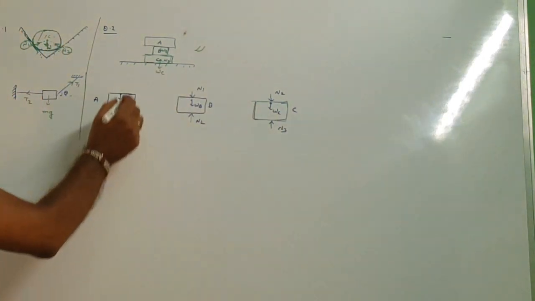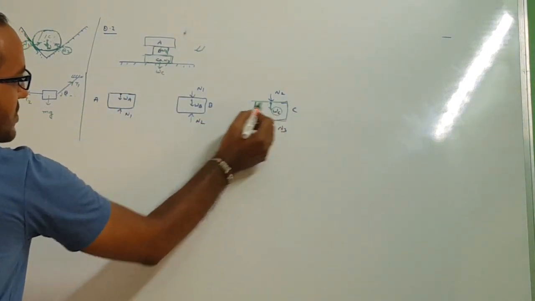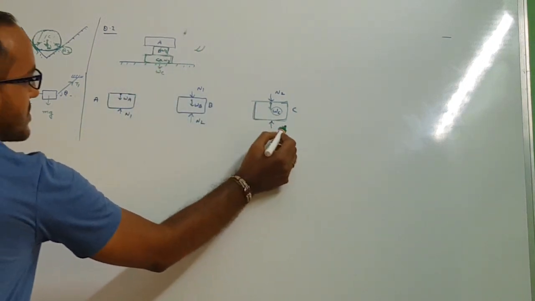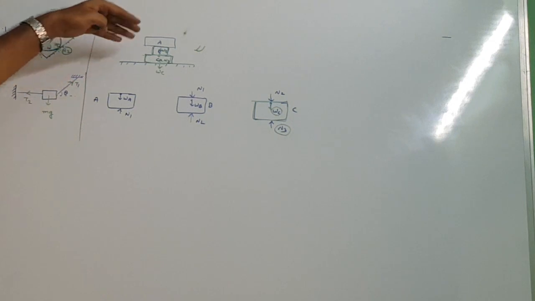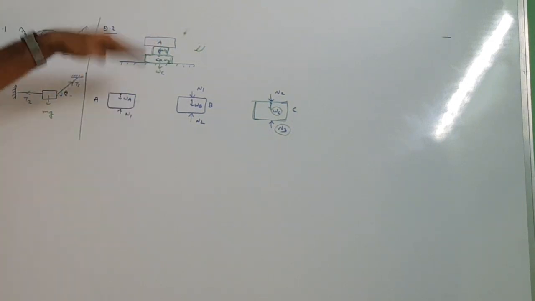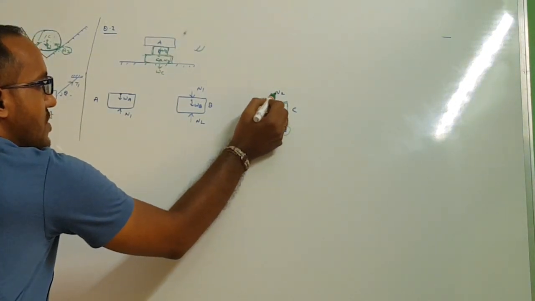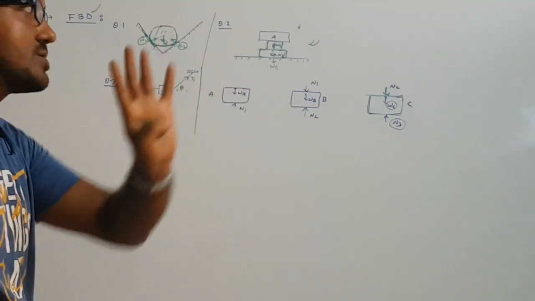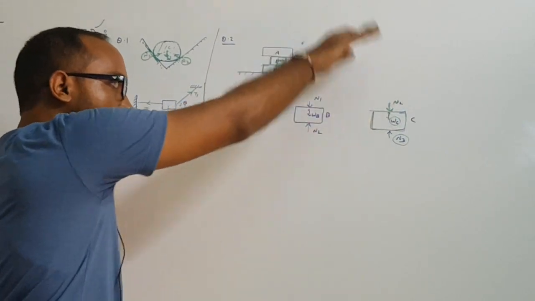In the C block we can see that weight is acting downward, this is WC, and we have a normal reaction force from this surface. So this is N3, and for this surface we have an equal and opposite reaction force, right? So this block is giving a normal reaction force towards C. Normal reaction force is always towards the object. So for this object, the normal reaction force will be towards that object.